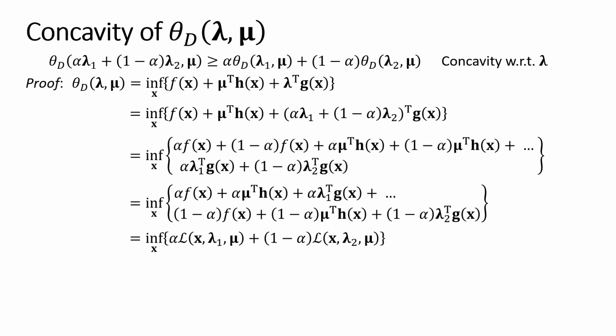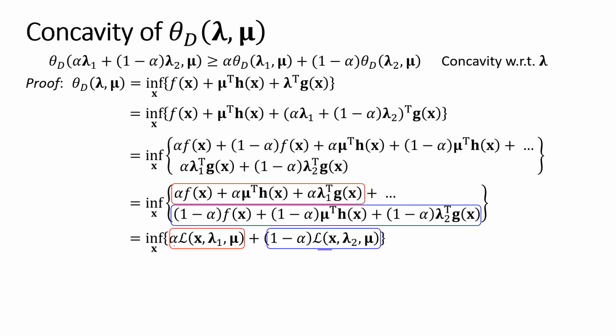The next step is this is equal to the infimum of alpha L of x, lambda 1, mu plus 1 minus alpha L of x, lambda 2, mu. And all I've done here is I've combined the alpha terms together and used the definition of the Lagrangian, and separately I've combined the 1 minus alpha terms together and again invoked the definition of the Lagrangian.